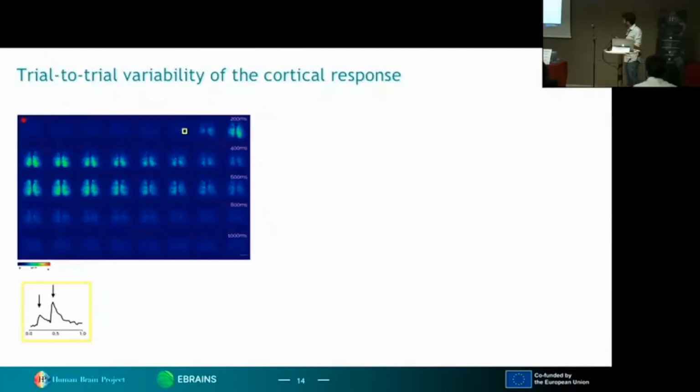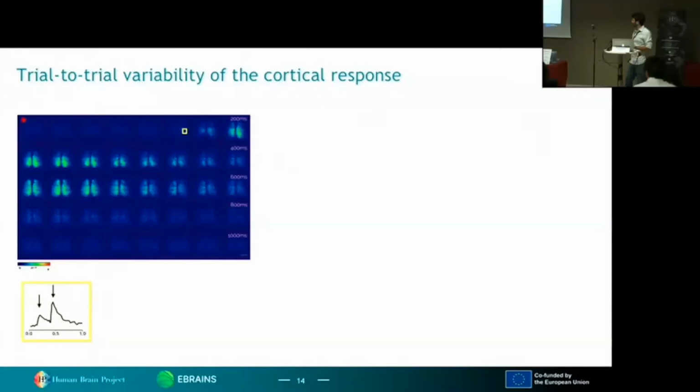Here I want to stress an important technical aspect. With our methods, we can resolve a single-trial stimulation with sufficient signal-to-noise ratio. I reported here an image sequence recorded for a single stimulation, and here the time series extracted from this region of interest.